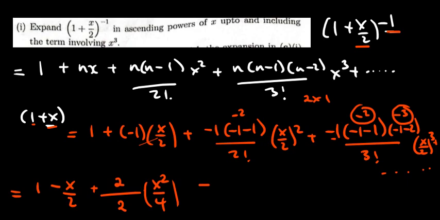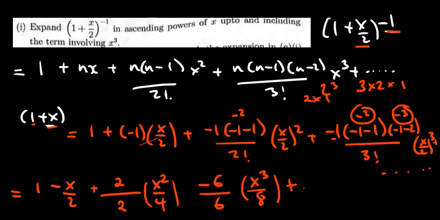Then 3 factorial is just 3 multiplied by 2 multiplied by 1, so I get 6 there. Then I get x cubed over 2 to the power 3, which is 8, plus so on. So this is what I'm going to get.